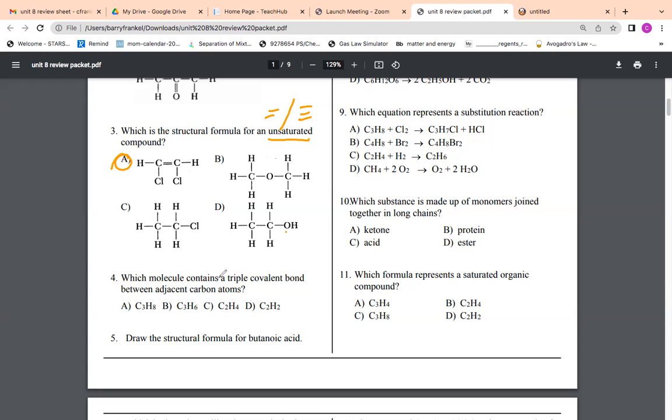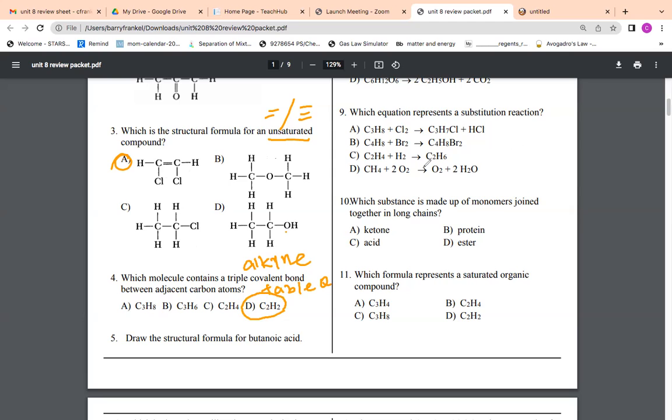Number 4, which molecule contains a triple covalent bond between adjacent carbon atoms? They're asking which one is an alkyne. You would want to go to table Q for this. If you haven't memorized them, go to table Q and look up the general formulas. You will see that this matches the general formula for an alkyne.